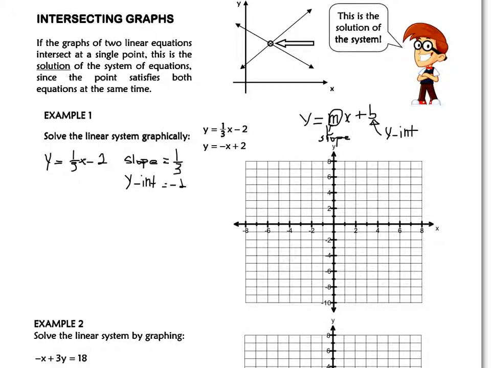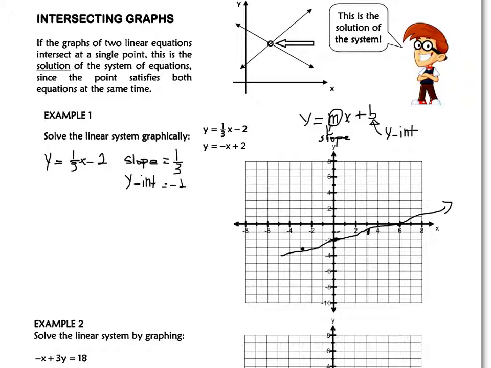So if we go to graph that line, we would start with our y-intercept of -2 on the y-axis, and our slope of 1/3 would be up 1, right 3, up 1, right 3, or we could have gone down 1, left 3, and so on. So basically this would be our first line.